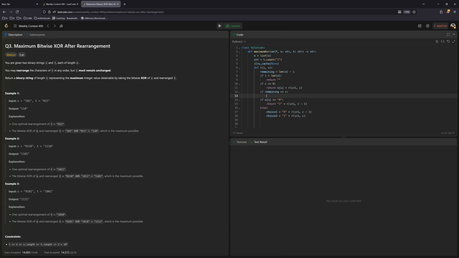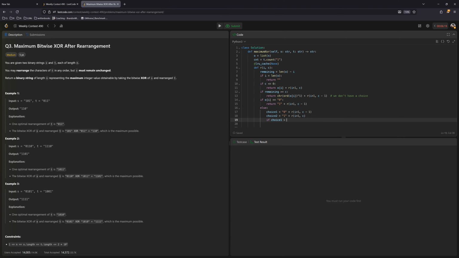We have to flip it. So we say CHR of ORD of O of I, right? That's, we don't have a choice. This is, we do have a choice, and we want to flip. And this is, we don't know if we want to flip or not. So we've already determined that a choice exists here because of this, right? So this is it. This is our choice.